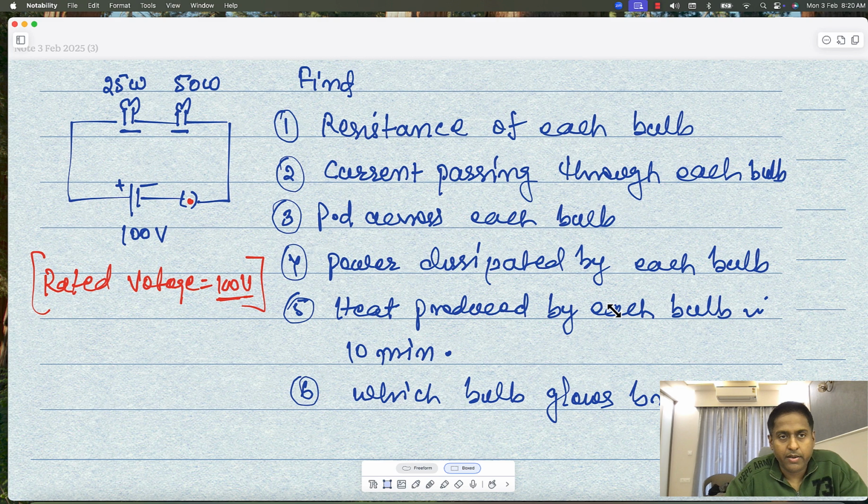One very important point here is that bulbs are connected in series, so the 100 volt applied voltage will be shared between the 25 watt and 50 watt bulbs. Neither one is getting 100 volt, it is shared. However, the rated voltage is 100 volt, which is the voltage used to calculate the resistance of the bulb.